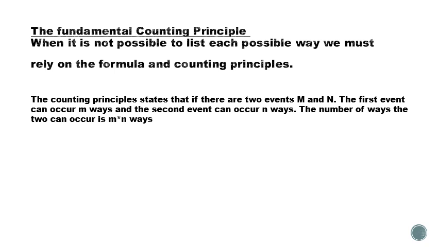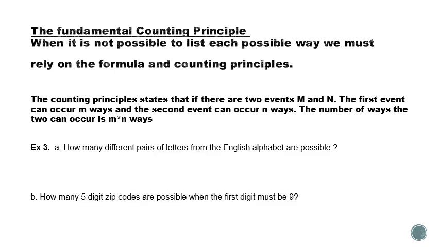So here's the first example. Alright, so we have example number 3. It says, how many different pairs of letters from the English alphabet are possible?